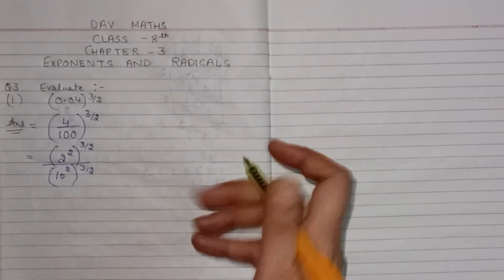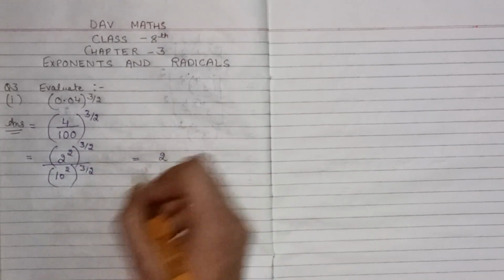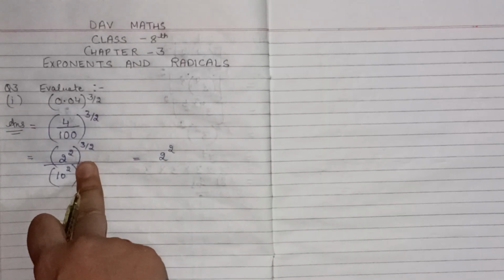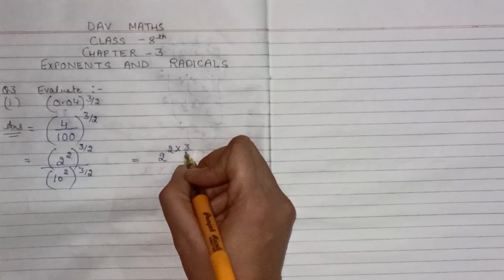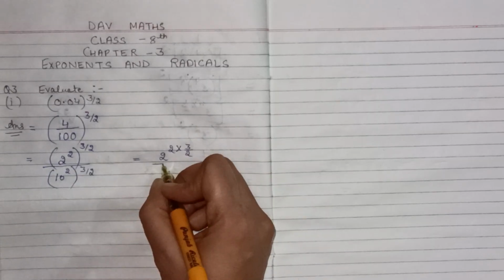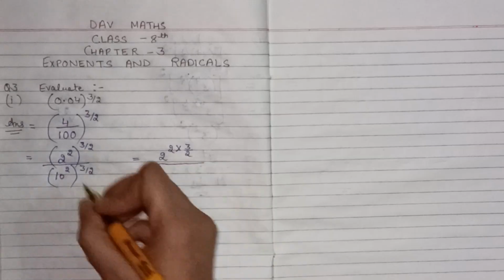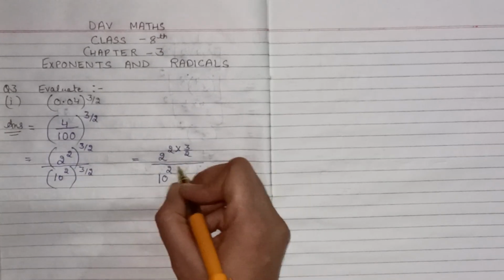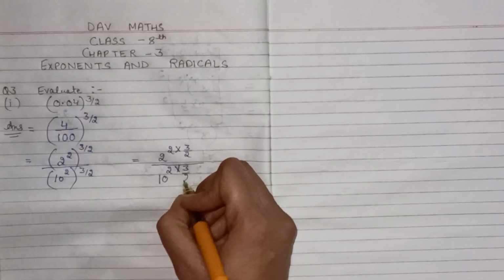After this, I write it as 2 raised to power 2, removing the bracket, multiplied by 3 upon 2. The same in the denominator: 10 raised to power 2, removing the bracket, multiplied by 3 upon 2.